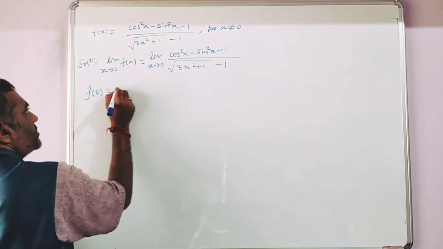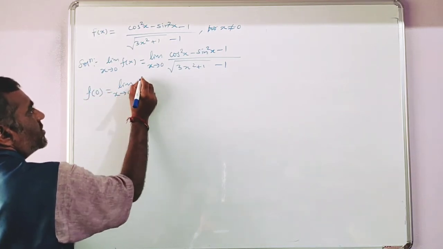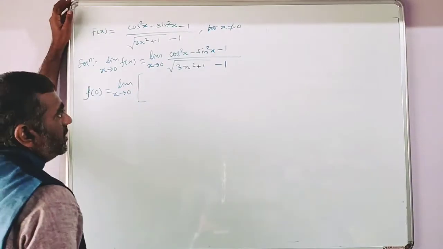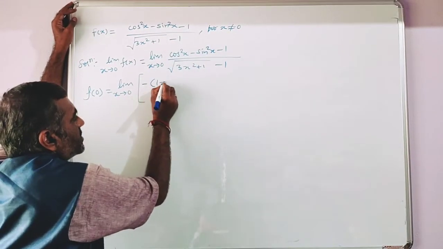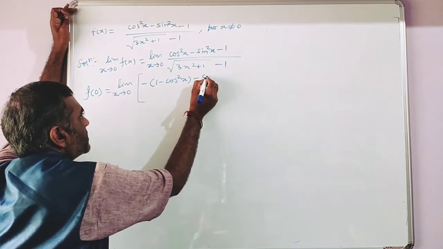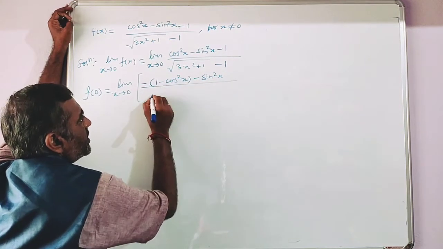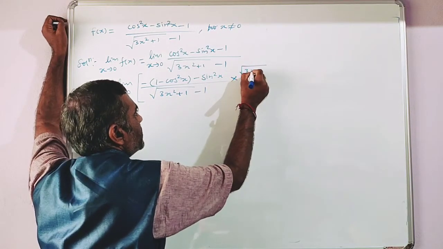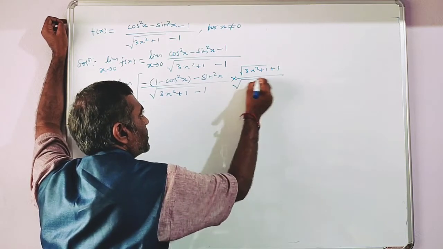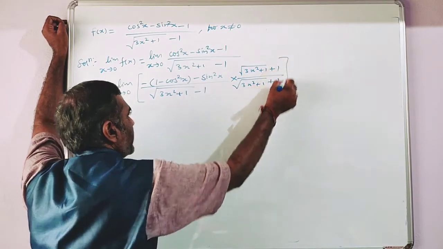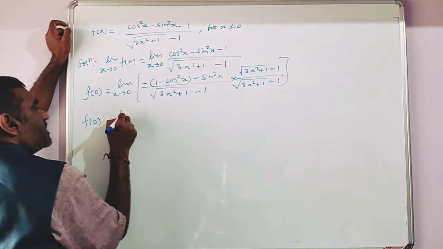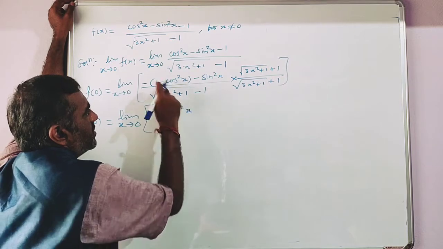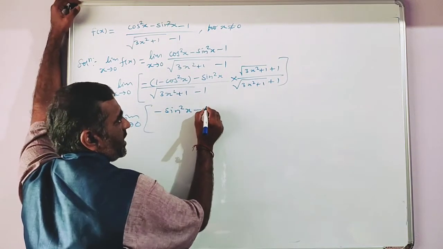F of 0 is equal to limit as x tends to 0 in bracket cos square x minus, if we take common, 1 minus cos square x minus sin square x as it is, whole divided by square root of 3x square plus 1 minus 1. Take the conjugate: square root of 3x square plus 1 plus 1 over square root of 3x square plus 1 plus 1, bracket complete. F of 0 is equal to limit as x tends to 0 in bracket minus sin square x, since 1 minus cos square is nothing but sin square, minus sin square x.